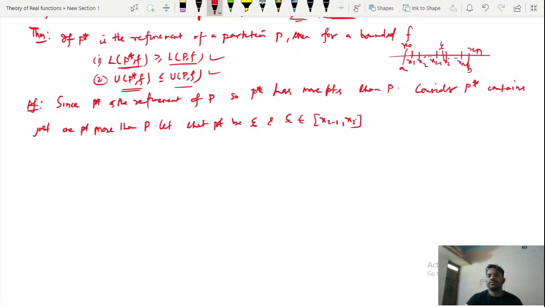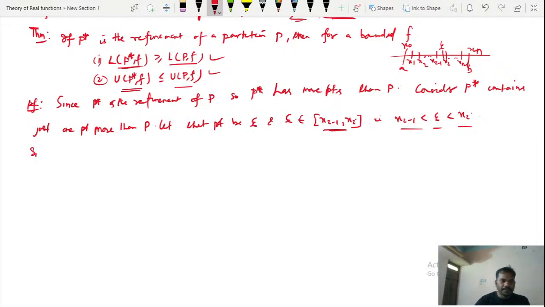In between them J lies, so J lies in the ith subinterval. That means xi minus 1 is less than J, which is less than xi.